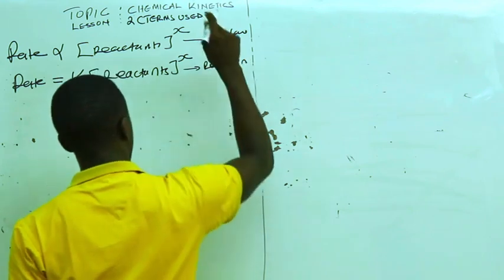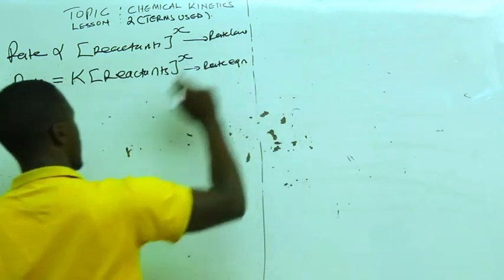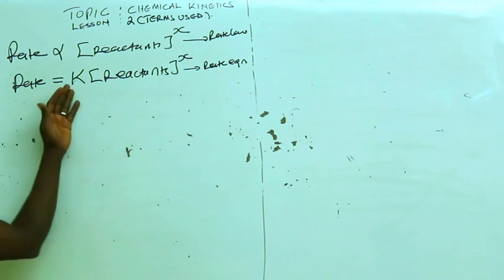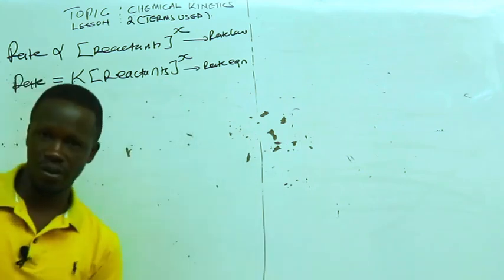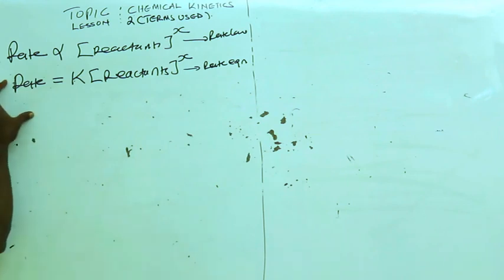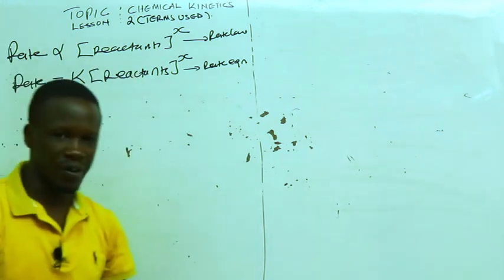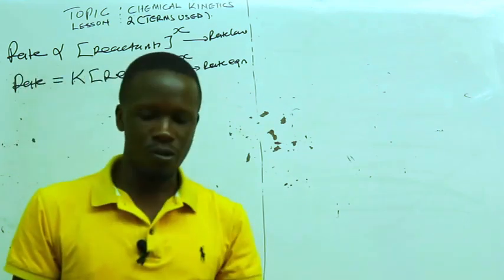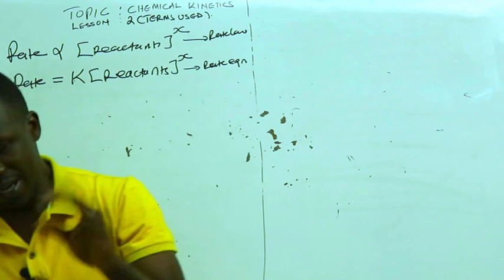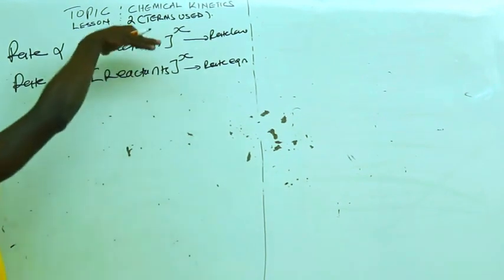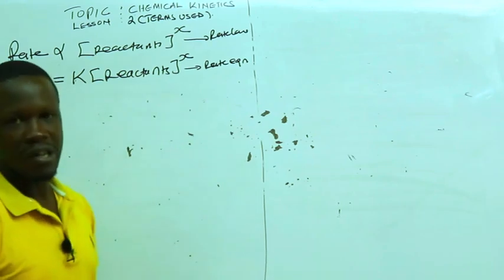The rate equation comes from the rate law, so the two can actually be used interchangeably. And we say, therefore, the rate equation is simply an expression that shows the relationship between the rate and the molar concentration of reactants, which are raised to certain powers that are only experimentally determined. So in this lesson, we want to continue by looking at the parts of the rate equation.